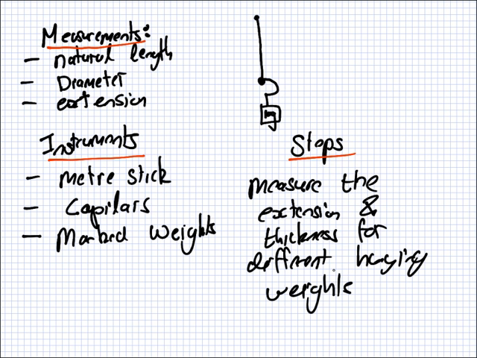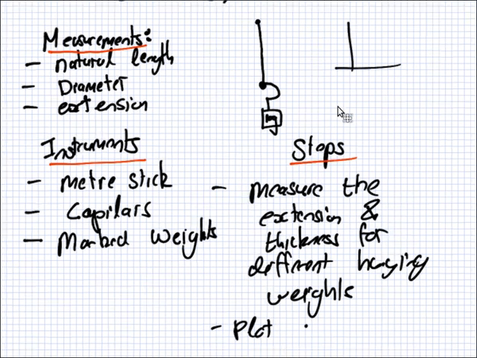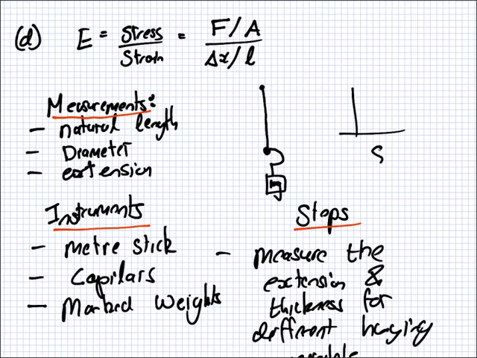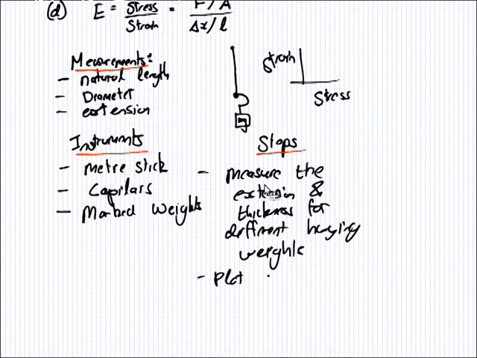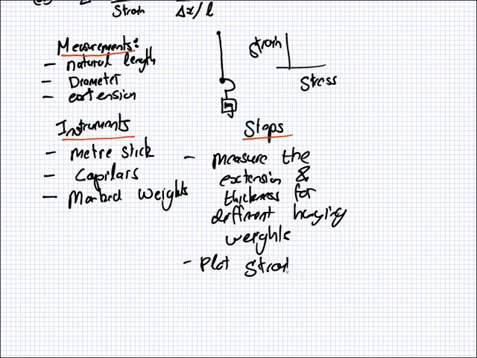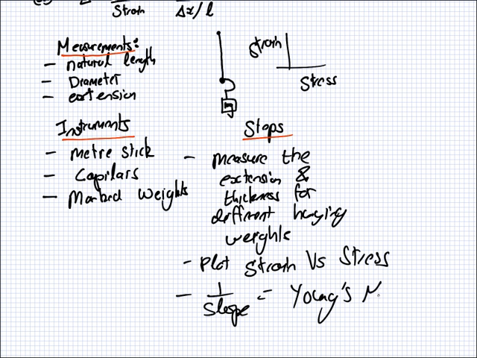So what I mean is you hang one weight, you measure the extension. You hang another weight, you measure the extension. And then you could plot, this is stress, and this is strain. Plot strain versus stress. And then 1 over the slope is equal to Young's modulus.